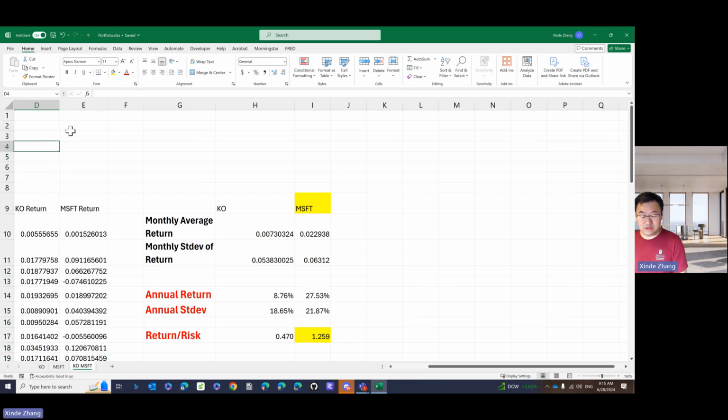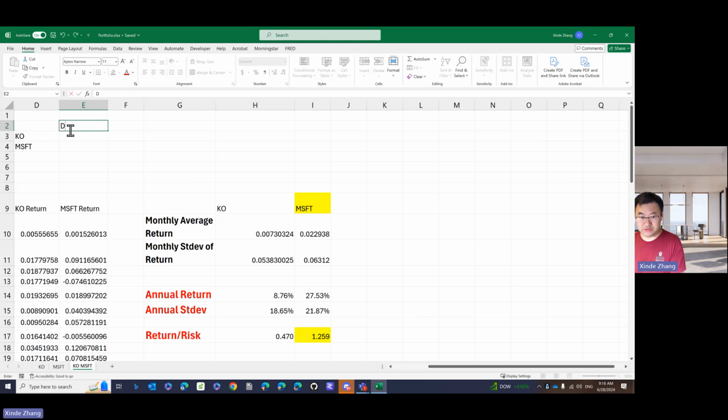As I mentioned, I actually have both stocks, so I actually have a portfolio. This is hypothetically how much I have for each stock. Let me go to row 3 here. I have both Coca-Cola and Microsoft, and I have money invested in those stocks.